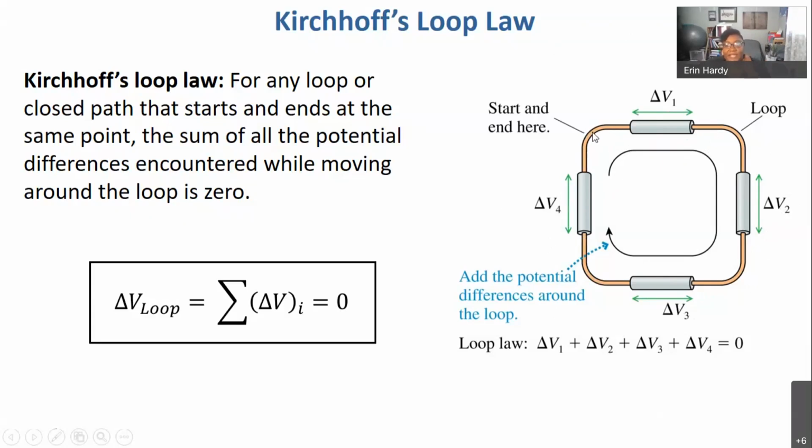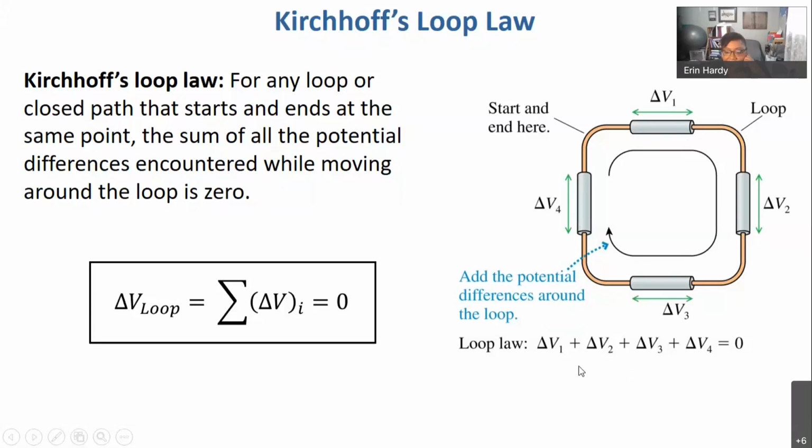If I were to start right here in the upper left-hand corner, my charge carrier is going to gain potential energy as it moves from one terminal of the battery to the other. But from there on out, it's just moving through resistors, so it's going to lose potential energy.